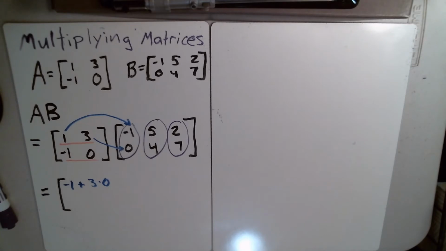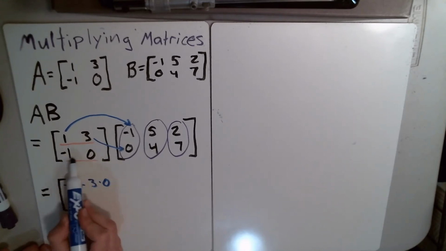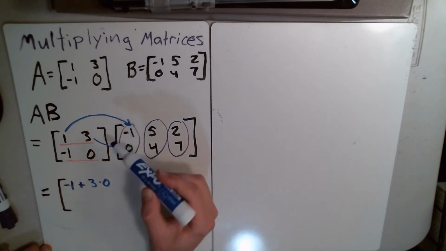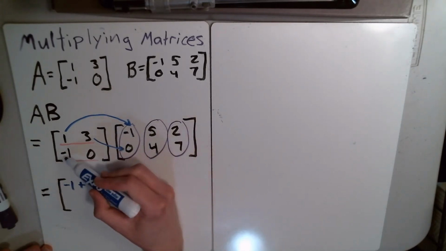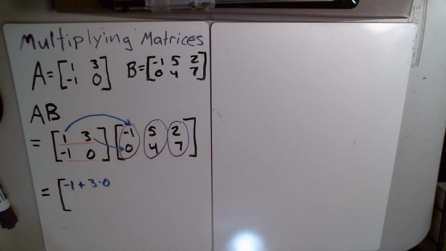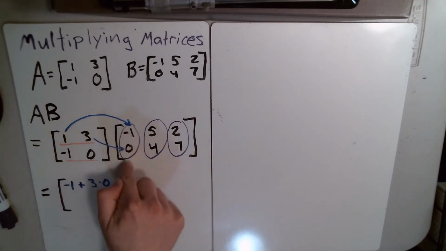To get the spot below on this matrix, the spot that's right here, it's in the first column and it's in the second row. So I'm going to take the second row from this one and the first column from this one, and now I'm going to do this row times this column.